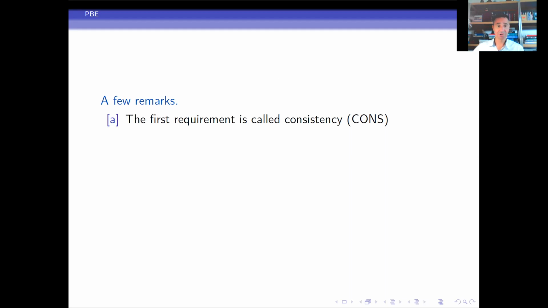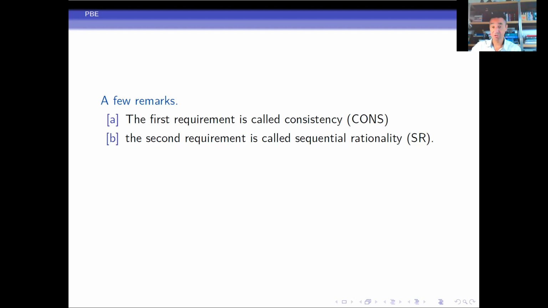A few short remarks. First of all, this first requirement on Bayesian updating is traditionally called consistency, written as cons. That's how it's called, but I find it not a very informative term. I prefer to use Bayesian updating, because that at least tells you what you actually have to do if you want to check consistency.